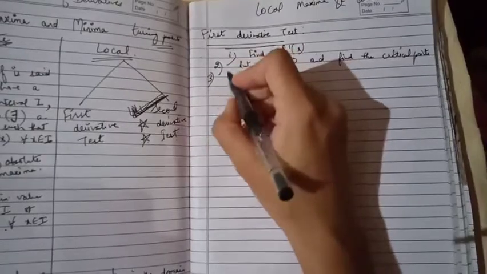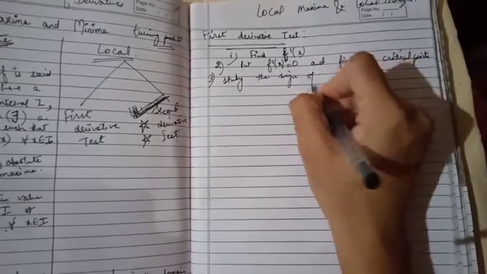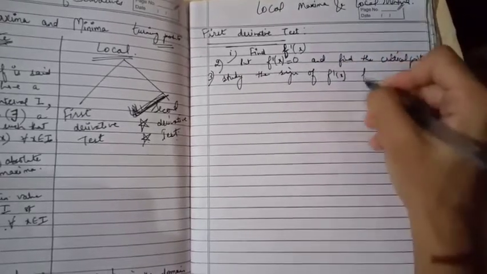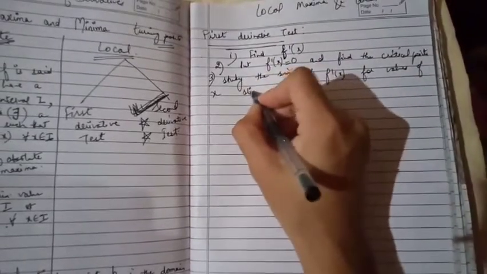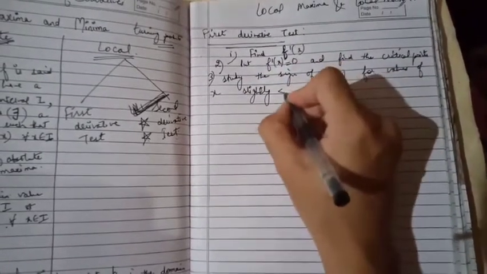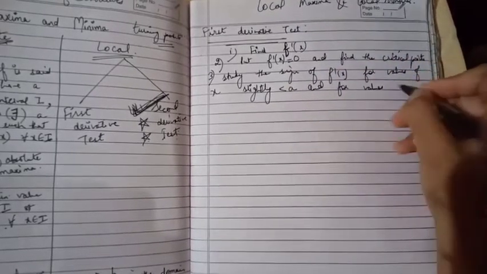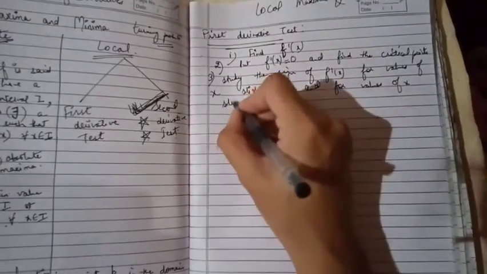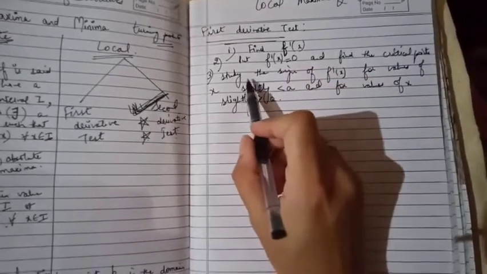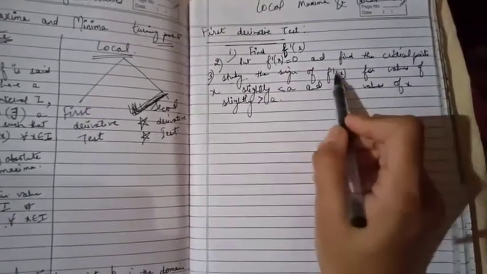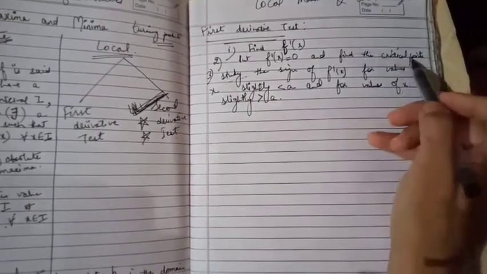Third step: study the sign of f dash x for values of x slightly less than a and for values of x slightly greater than a. This means study the sign of the derivative around the critical points.